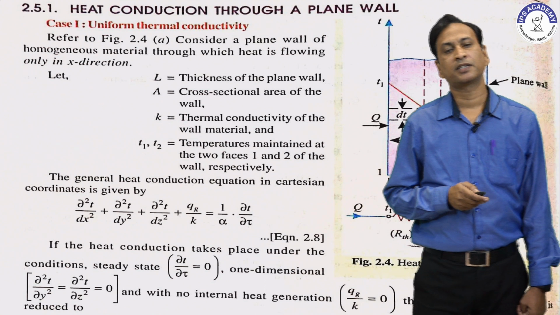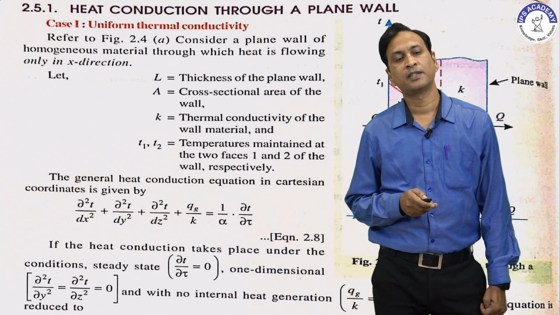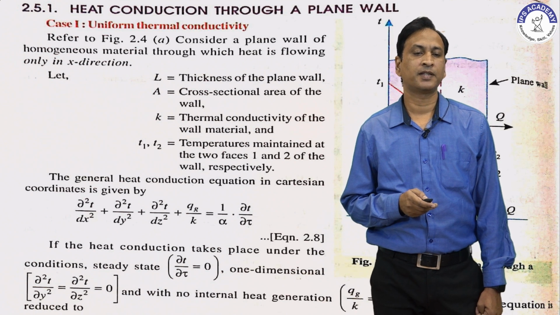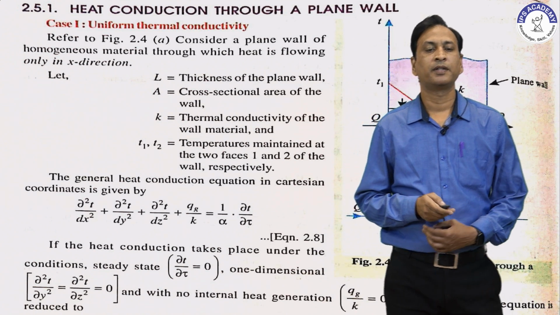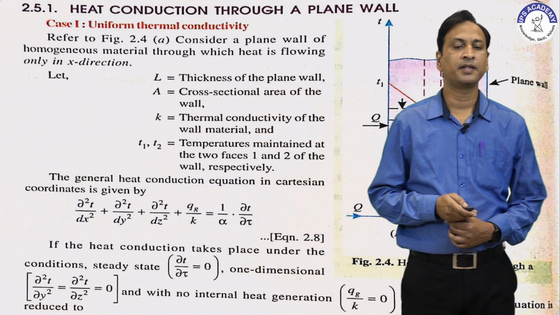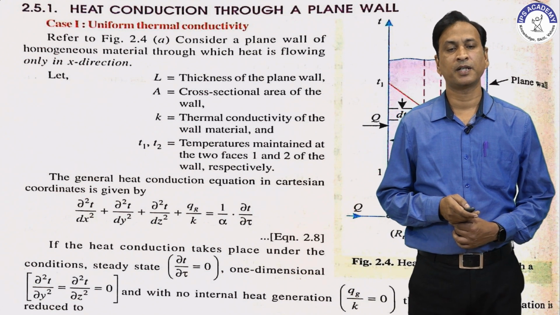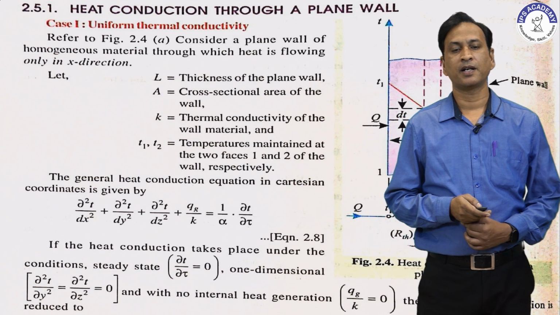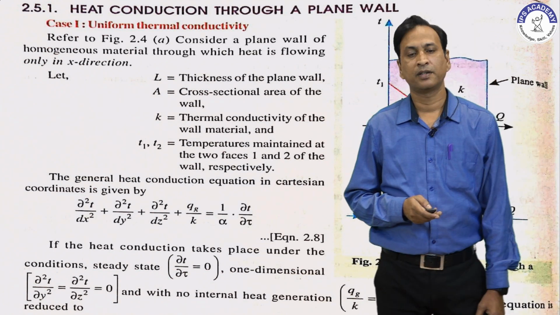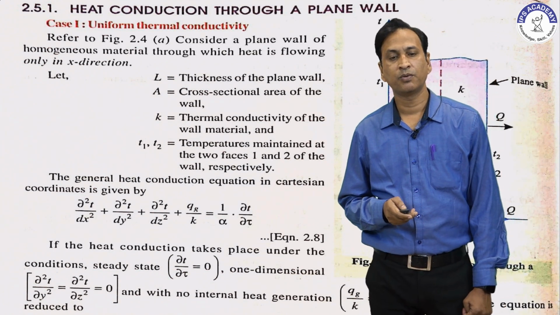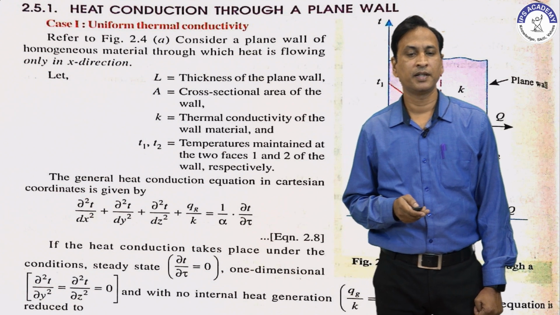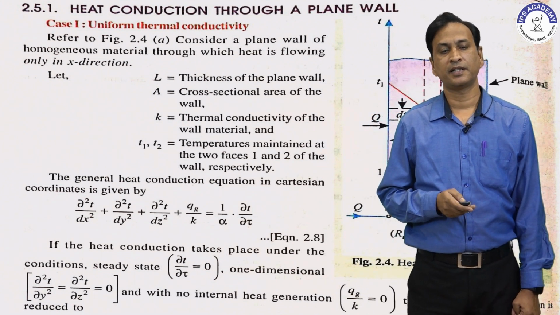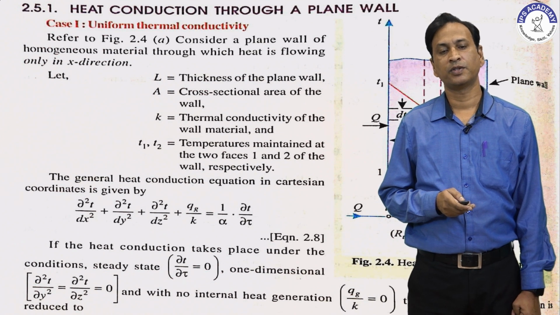The general heat conduction equation in Cartesian coordinates is given by del square T upon dx square plus del square T upon dy square plus del square T upon dz square plus qg by k is equal to 1 by alpha into dT upon d tau. If the heat conduction takes place under steady state condition, dT upon d tau is equal to 0.